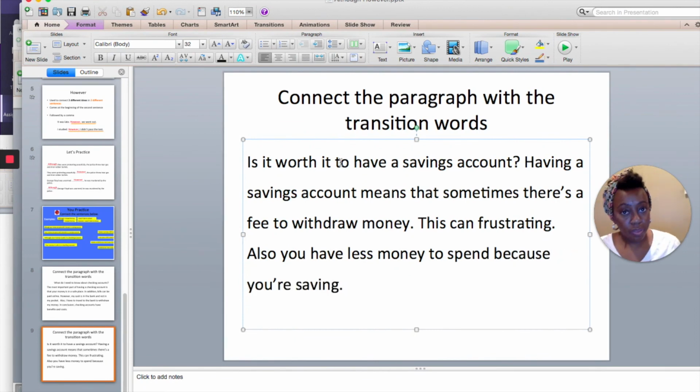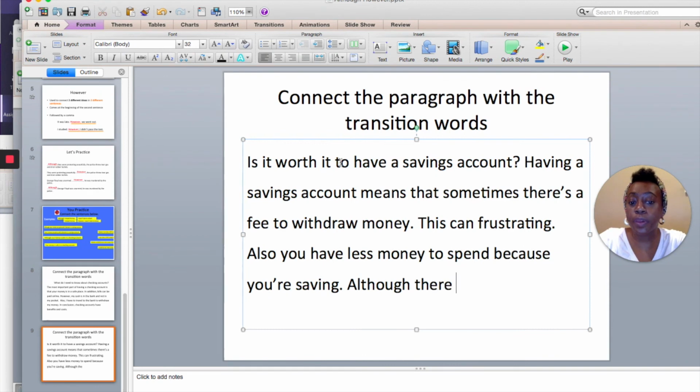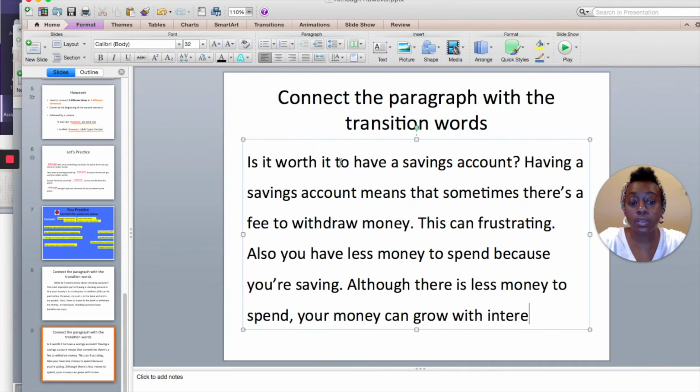So in the other paragraph I used however. I want to practice using although. So let's look at the connecting sentence. Let's see what I could say. Although there is less money to spend, your money can grow with interest.